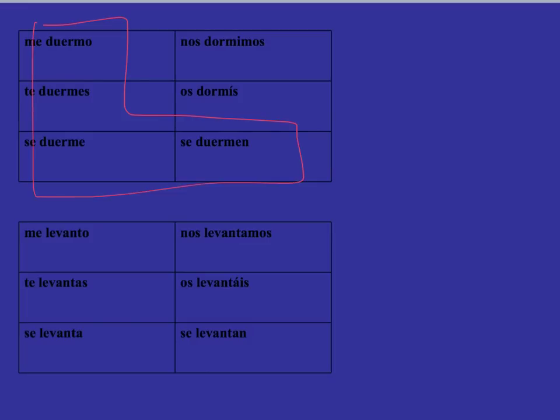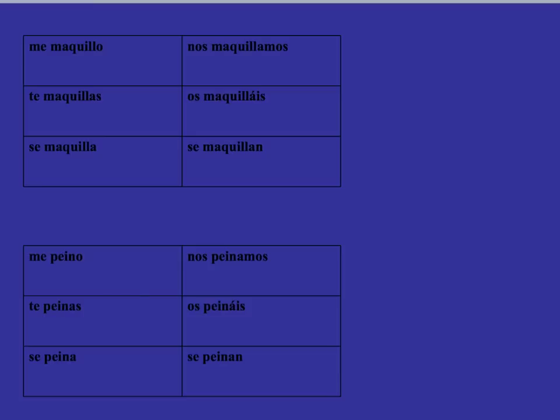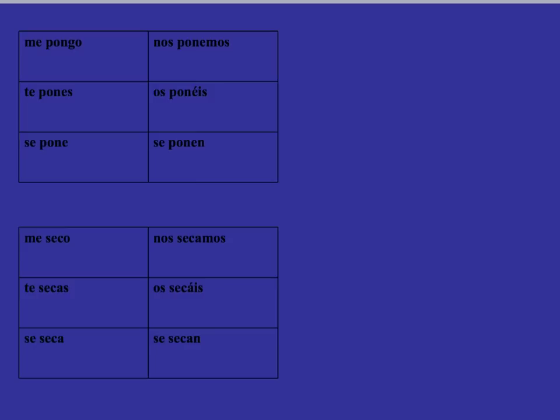Levantarse. Maquillarse, peinarse, all those endings are matching their pronouns. Ponerse, there's that irregular yo form verb, and then you have to be careful. These are ER endings because poner is an ER verb. And finally, you have secarse.